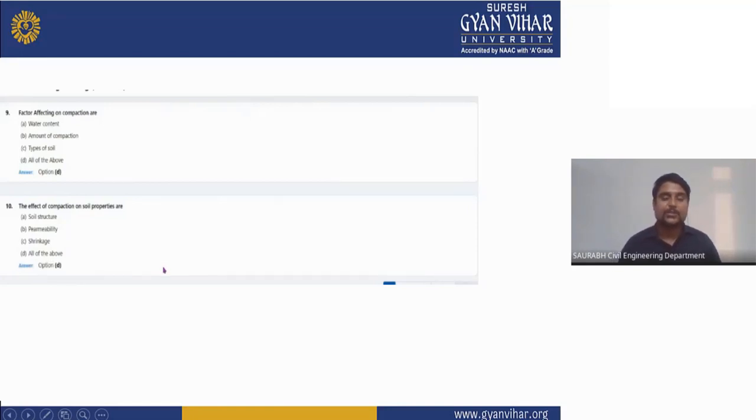So that was the MCQ, and one thing I would like to suggest here: these MCQs are very important, and this is taken by the GATE examination. If you solve these MCQs, it will help you a lot when you sit for the GATE exam, and maybe after graduation you will also sit for a government exam.